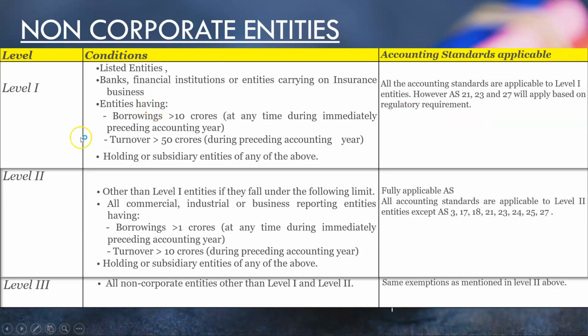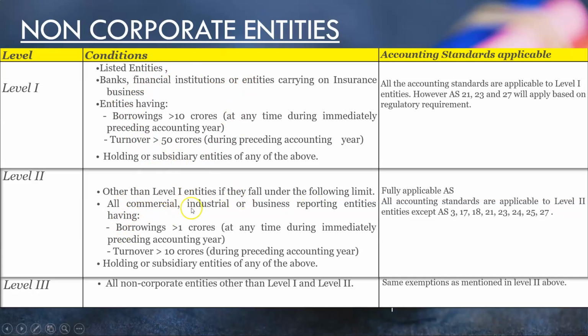But yes, then we come to level 2 of the non-corporate entities. Here, other than level 1 entity, if they fall under the following limit. So any entity that is not fulfilling this criteria will fall under level 2 entity.